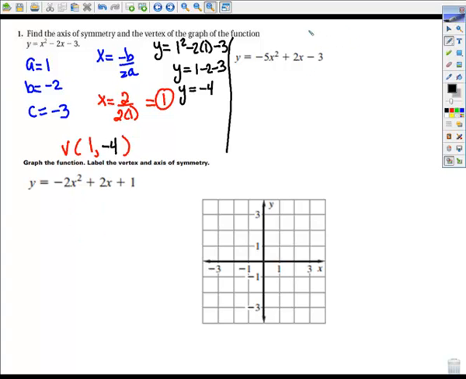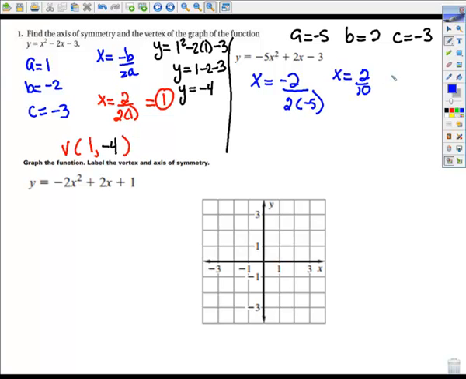Let's go ahead and do this next one. A is negative 5, B is 2, and C is negative 3. So I have x equals the opposite of 2 over 2 times negative 5. Negative over negative is a positive, so it's going to be positive 2/10, which is really 1/5. So there's my axis of symmetry, and now my vertex is 1/5, comma, so I'll plug it in.